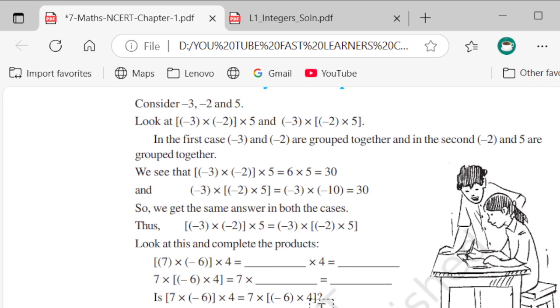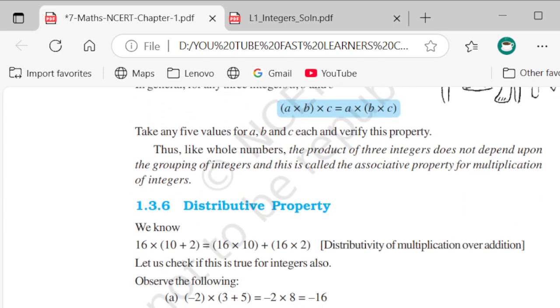This is same as we have learnt in addition and subtraction, whether you do a multiply by b and then c, or you do a and then multiply b into c, answer is going to be same. You can do 2 into bracket 3 multiply by 4, or you can do 2 multiply by 3 and then the product you multiply with 4, answer is going to be the same.